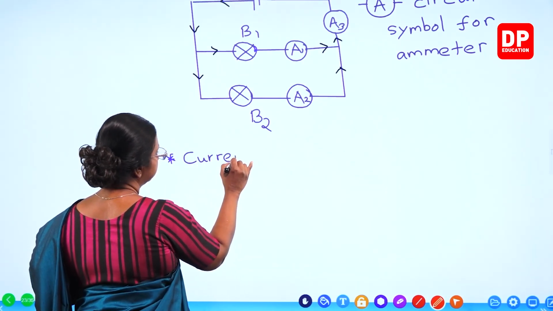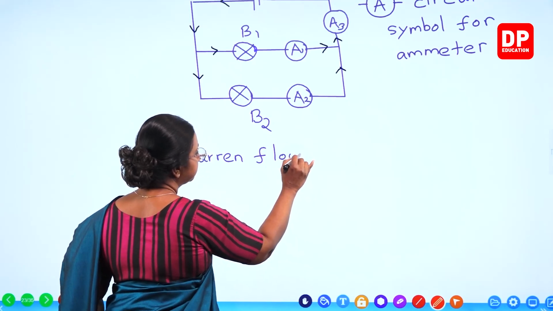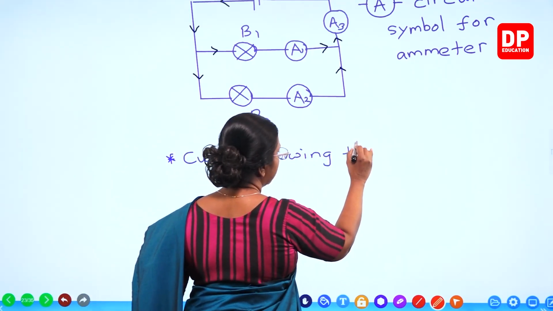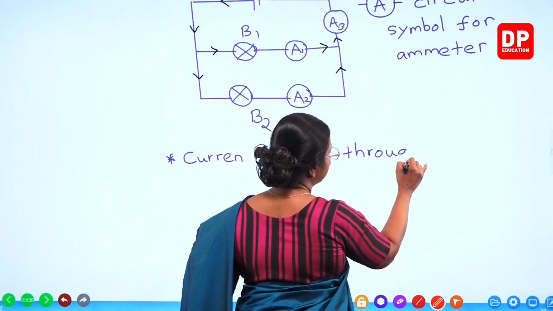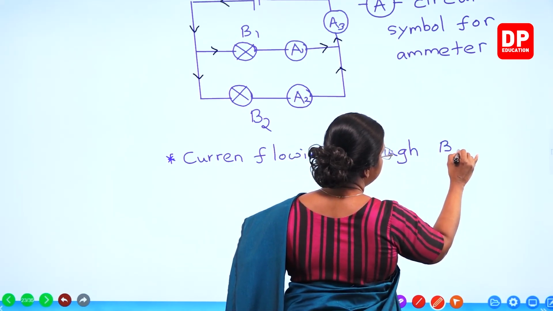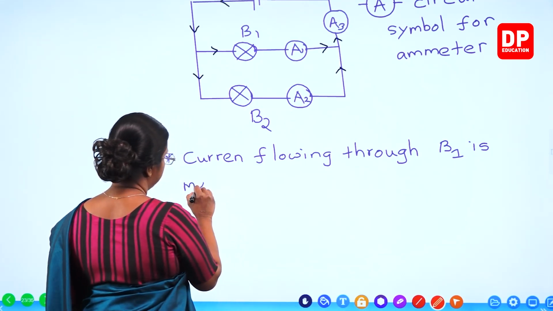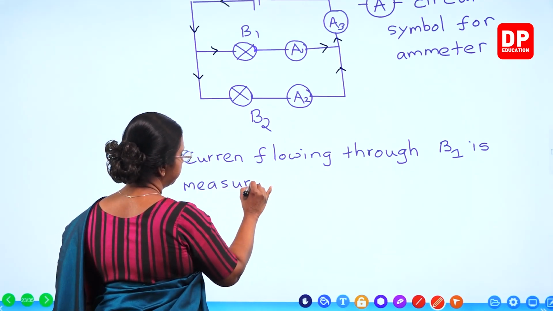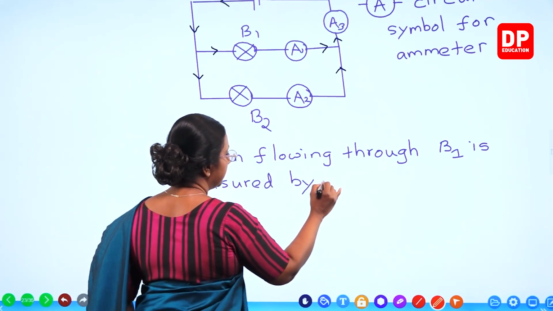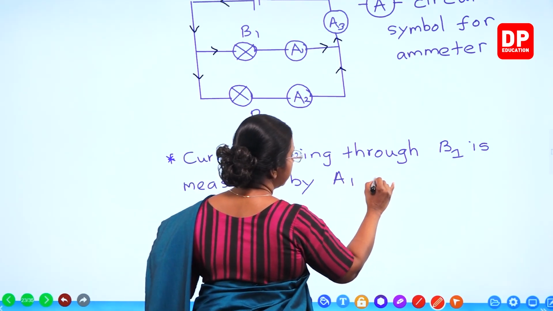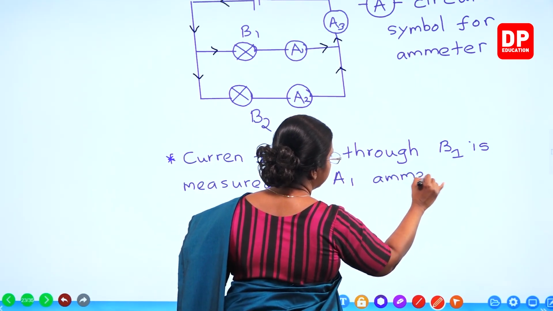Current flowing through B1 is measured by A1 ammeter.